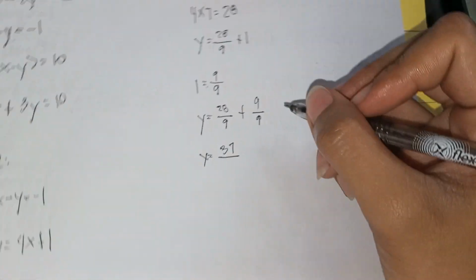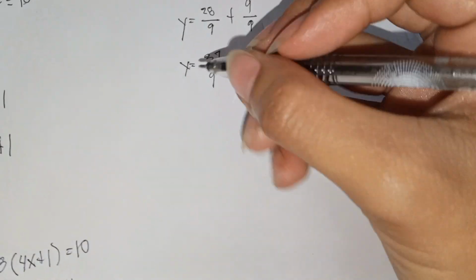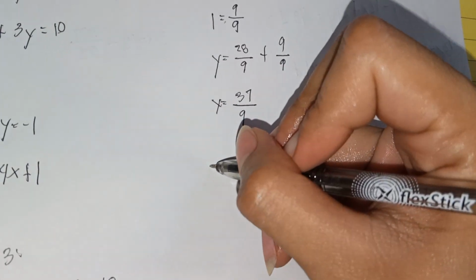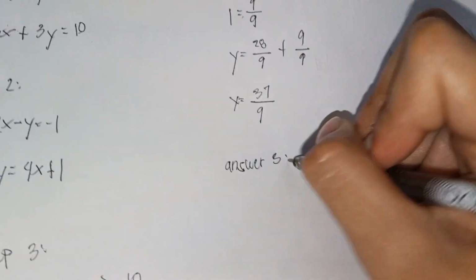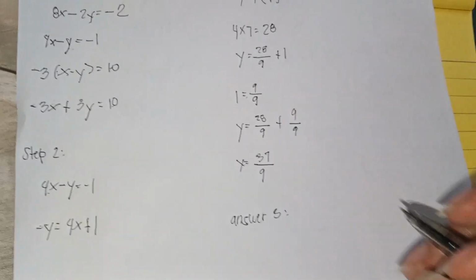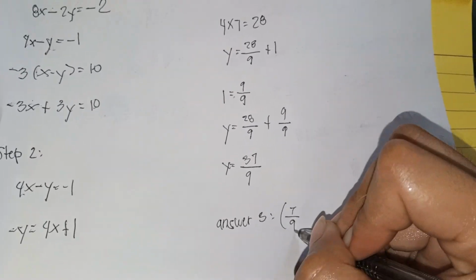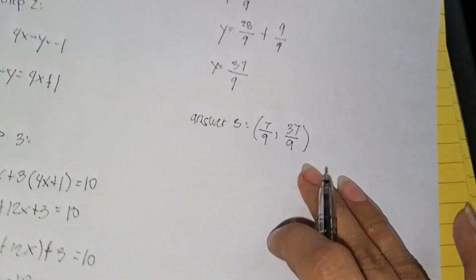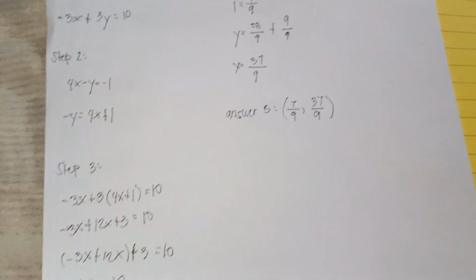Then we copy the denominator 9. And that is the value of our y. So our final answer in problem number 3 is 7/9 and 37/9. That is the final answer of item number 3.